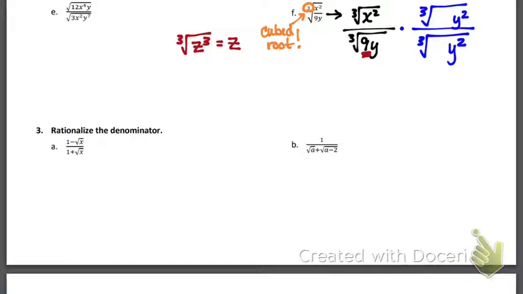What do you know about 9? It's a perfect square. 9 is what times what? 3 times 3. So I could rewrite 9 as 3 squared. So I have the cubed root of x squared over the cubed root of 3 squared y. I'm going to think about it this way instead.